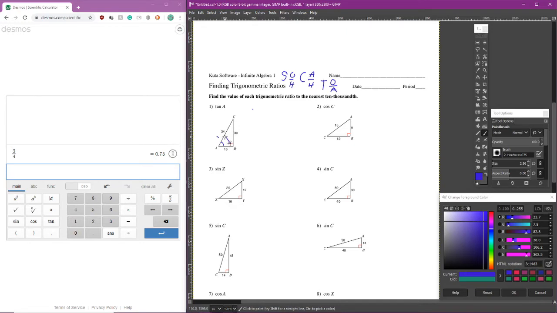The right angle points to the hypotenuse, so 34 gets to be H. The angle is touching the side which is labeled 16, so A touches that 16 side.